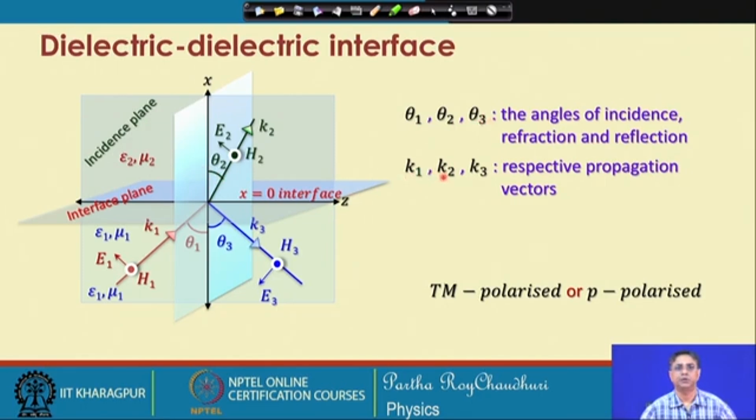K 1, K 2 and K 3, these are the propagation vectors along the incident direction, refracted direction and along the reflected direction. So, with this configuration, the wave that we will discuss is the TM polarized or P polarized wave.